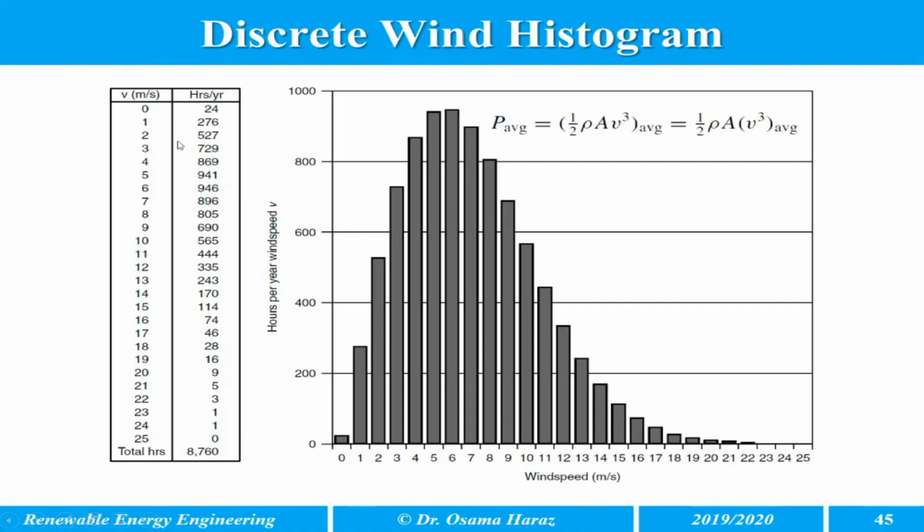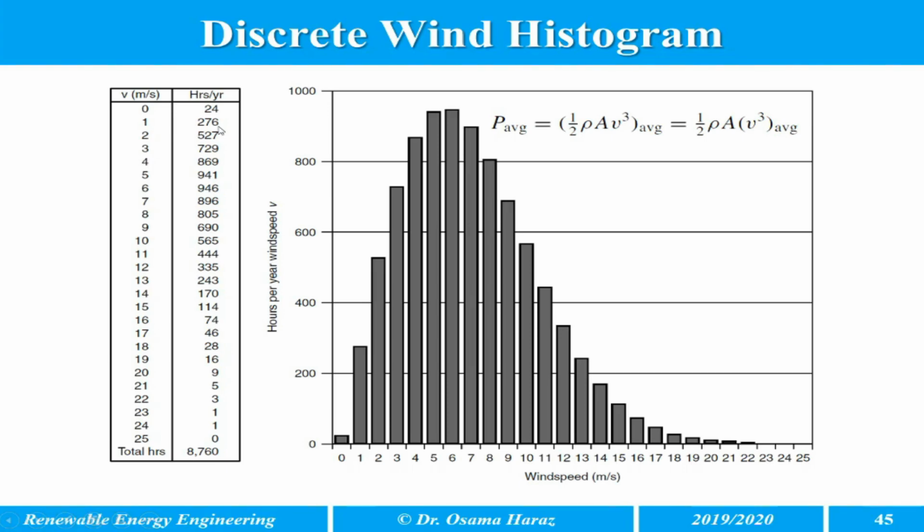This discrete wind histogram shows, at different wind speeds, the hours per year at that wind speed. For example, 0 wind speed happens 24 hours a year. A wind speed of 1 meter per second happens 276 hours per year.